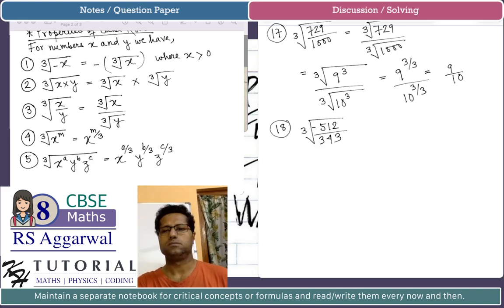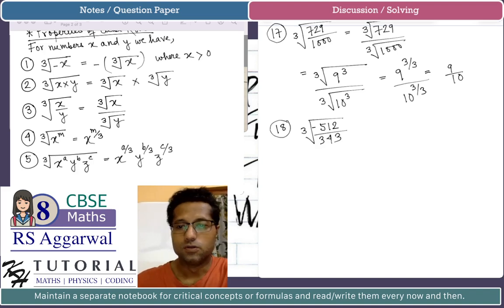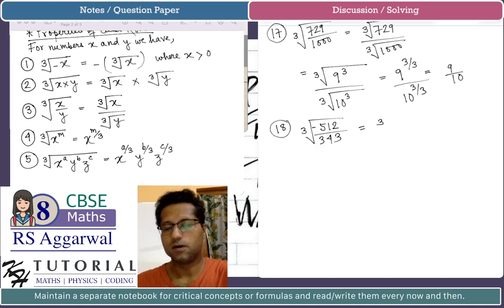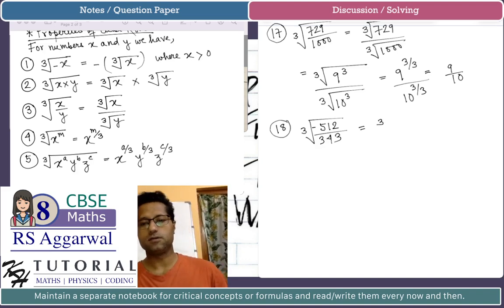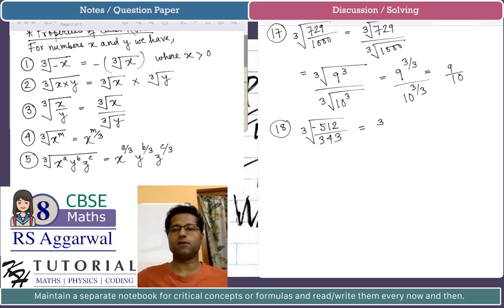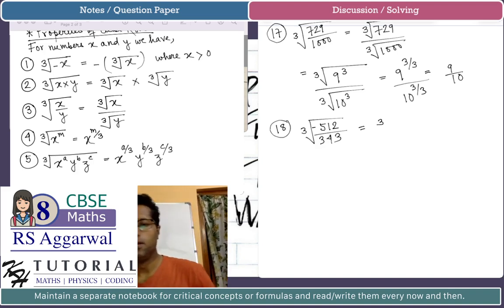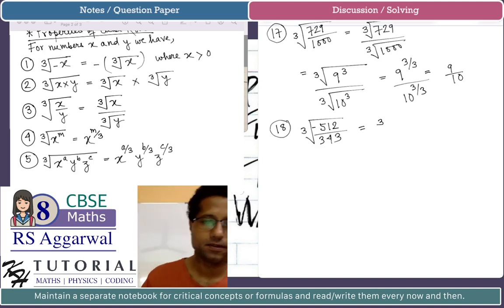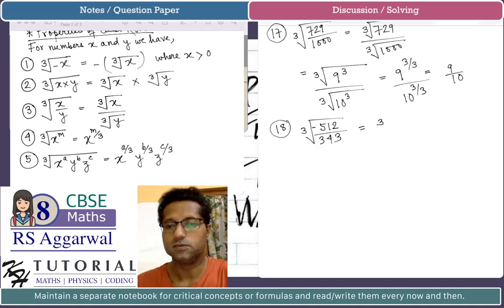Yes, 7. So we can rewrite this as, since this is the cube root of x by y form and both x and y are perfect cubes, we would like to use property 3. That is, this will be equal to cube root of minus 512 divided by cube root of 343.